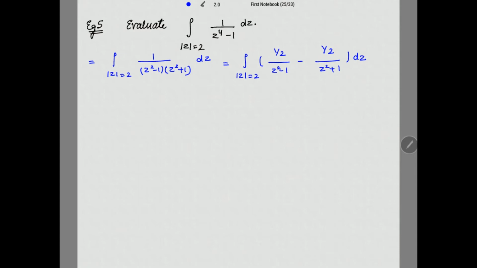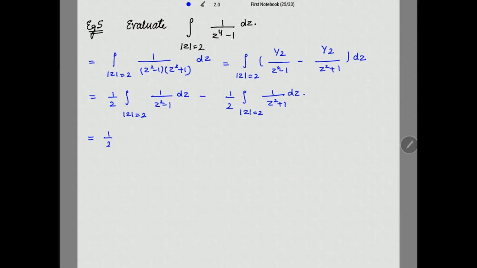Taking 1 by 2 as common, this will be 1 by 2 integral mod z equal to 2 of 1 over z squared minus 1 dz, minus 1 by 2 integral mod z equal to 2 of 1 over z squared plus 1 dz. Next, again we have to separate this denominator.